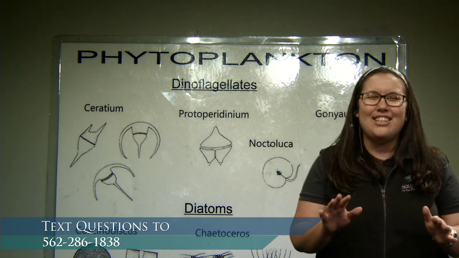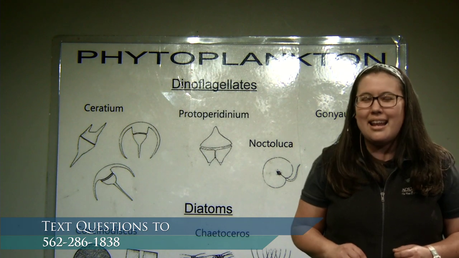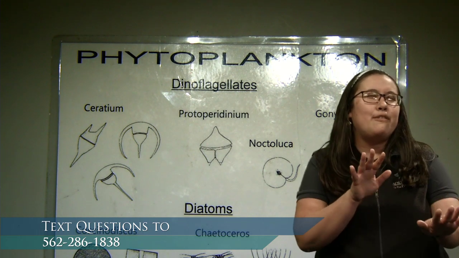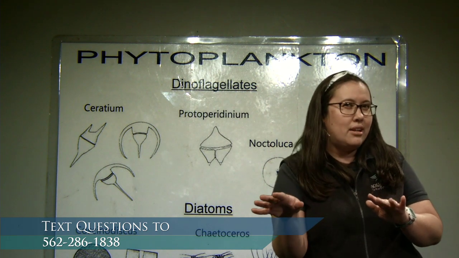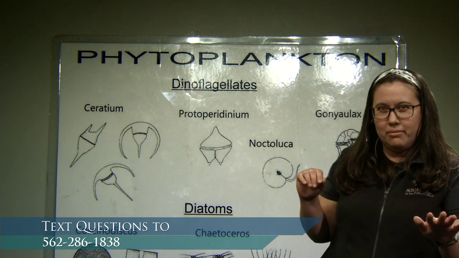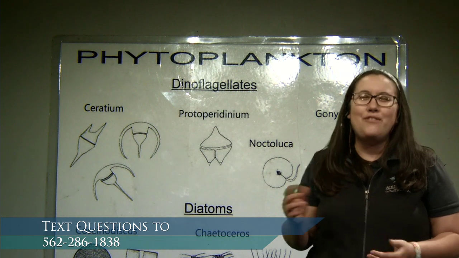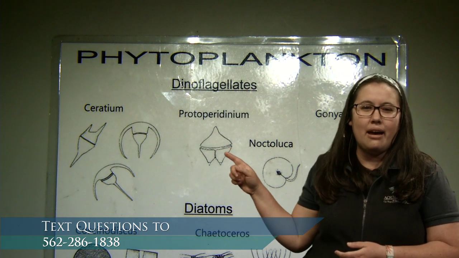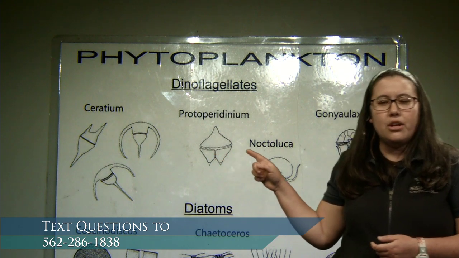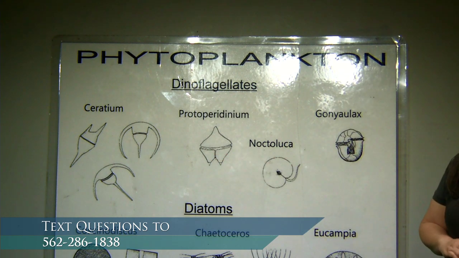But these algae are a little bit different than plants, and some of them border along the lines of algae, almost kind of animal. Pretty weird. But if you look at these particular plankton that we have right here, see if you can notice a common feature. Does anything stand out to you?